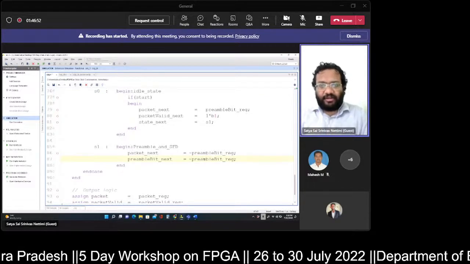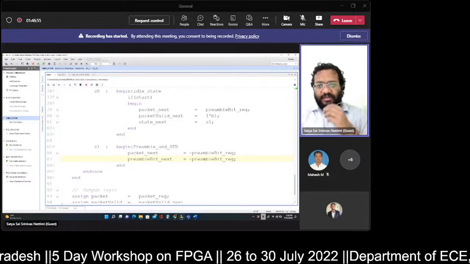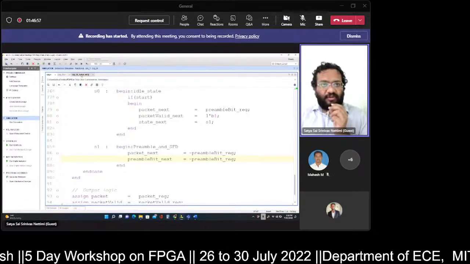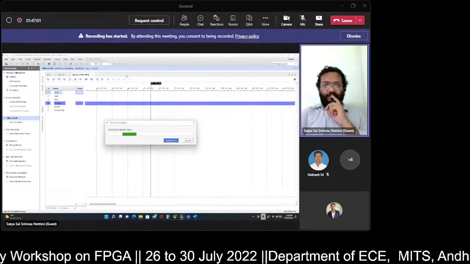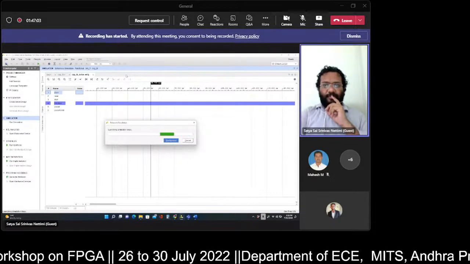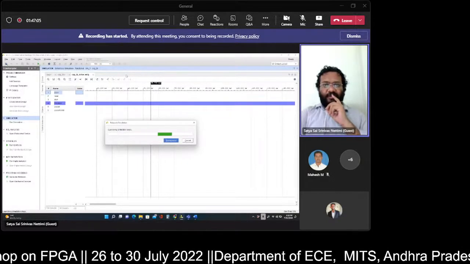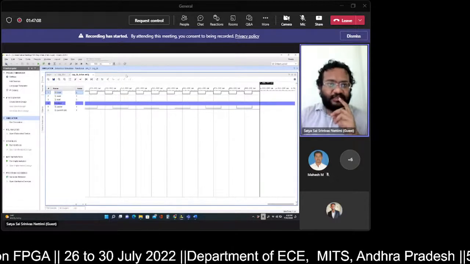So I'm updating the preamble register as well. So now in this case, if you run, we are supposed to get the alternating ones and zeros.